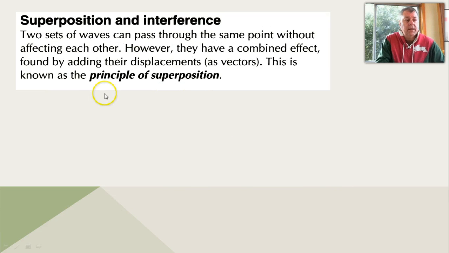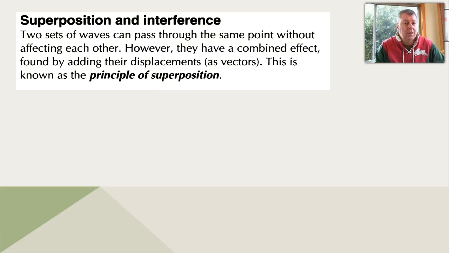Let's look at now superposition and interference. So we just hinted at some of that. Two sets of waves can pass through the same point without affecting each other, and it happens all the time. If you're in a crowded room and a lot of people are talking, all those sounds are going through each other, but they're not making a jumble.